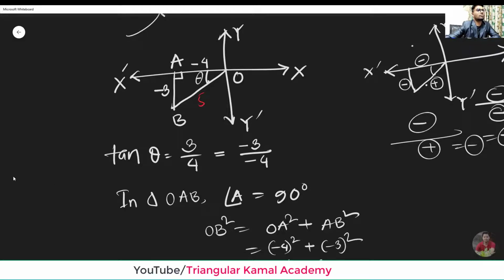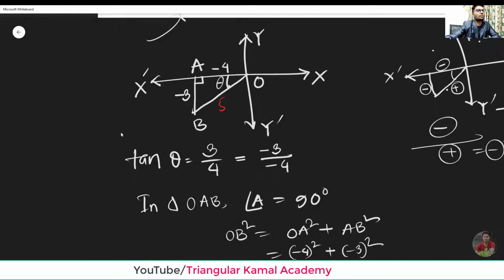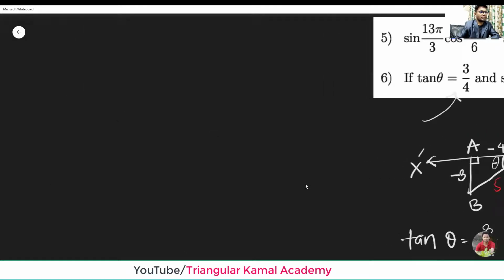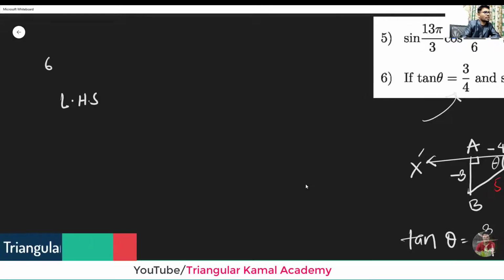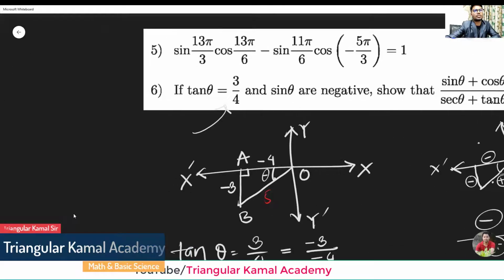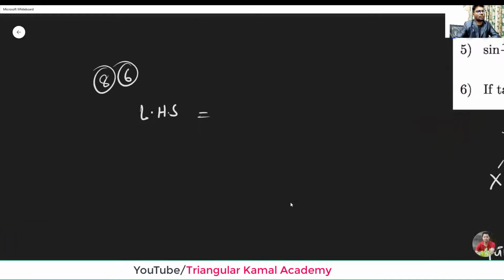So now we will put this value in our requirement. What is the left side? Left side of question number 6, 8, left side is equal to (sin plus cos) divided by (sec plus tan). So here sin theta plus cos theta, and this is sec theta plus tan theta.